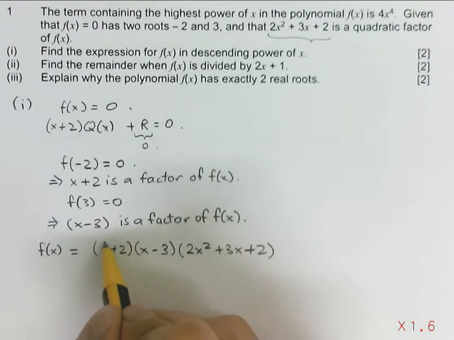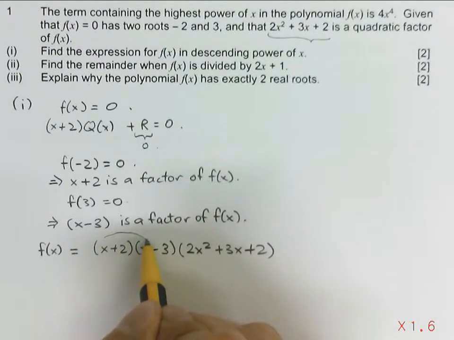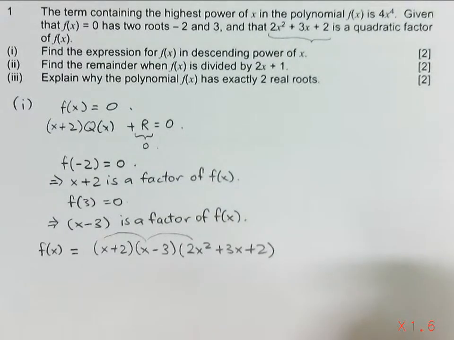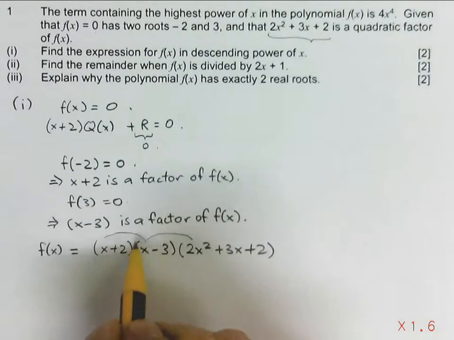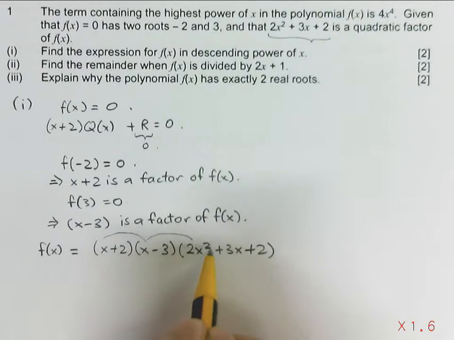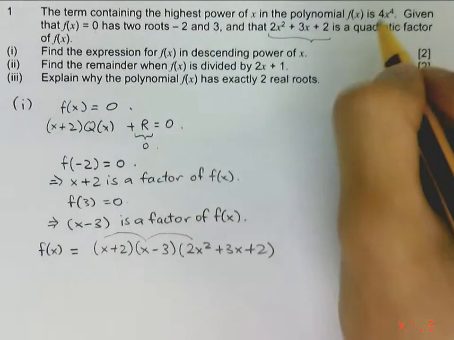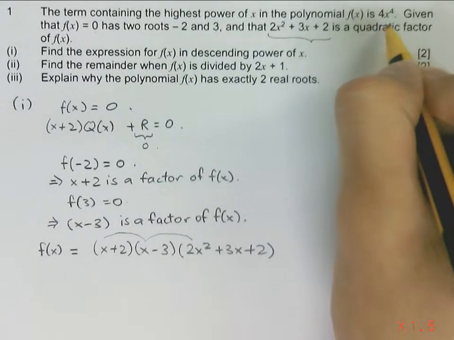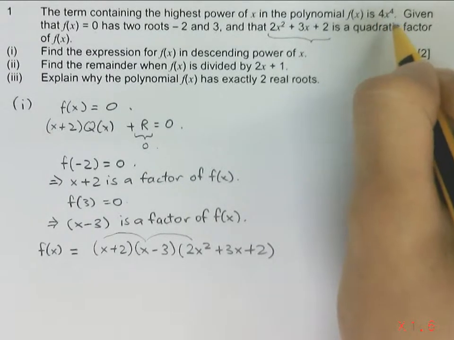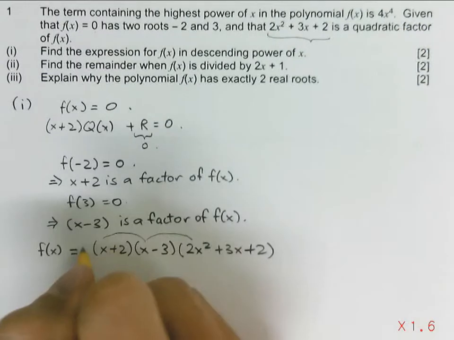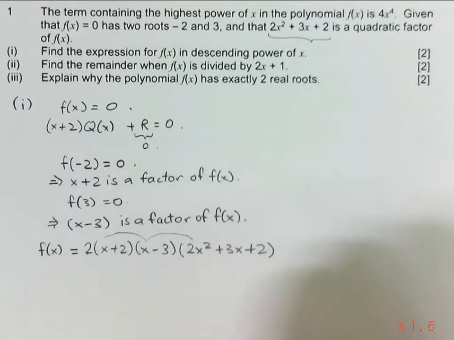Now notice that if we expand this out to give the highest power of x, this will only give us x times x squared times 2x squared, 2x to the power 4. So 2x to the power 4 and 4x to the power 4, a difference in the factor of 2, so we just need to multiply by 2 in front.